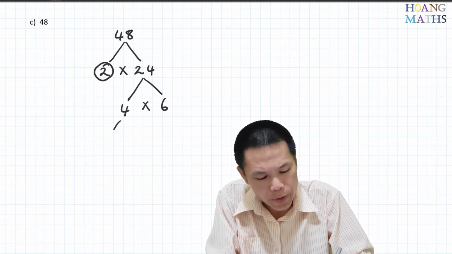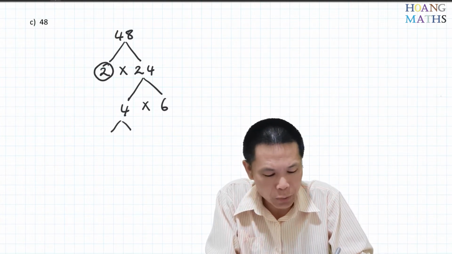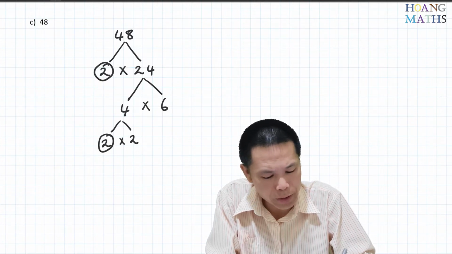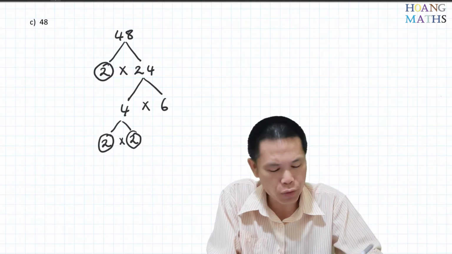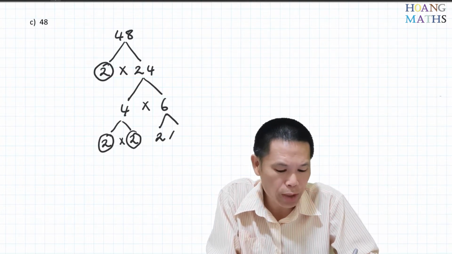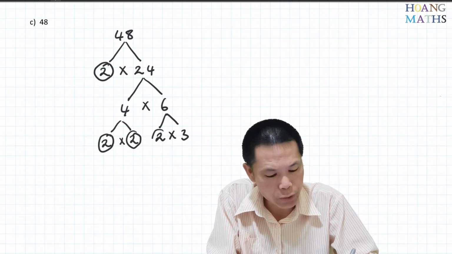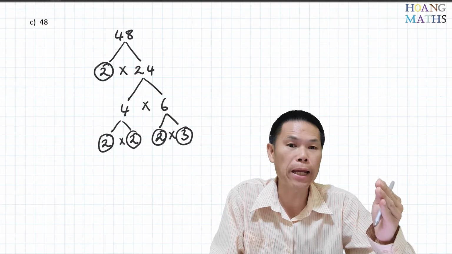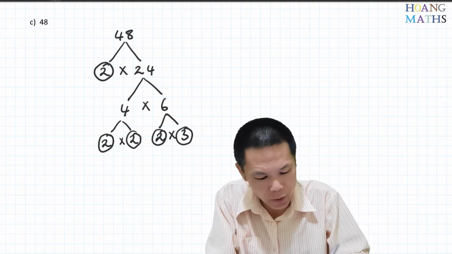And then 4, I can expand further, which is 2 times 2. I finish with this because both of the 2s are prime. This one here, 6 is 2 times 3, and 2 is a prime, 3 is a prime. That's it, I cannot expand any further. So now I just write this out.